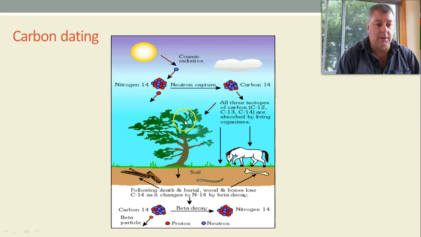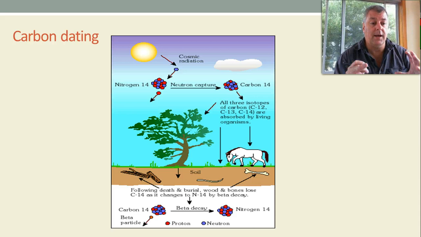Now what happens though is when you die, you stop exchanging with the atmosphere, or all living things stop exchanging with the atmosphere, so whatever carbon atoms you had in you are trapped and they can't be exchanged anymore.